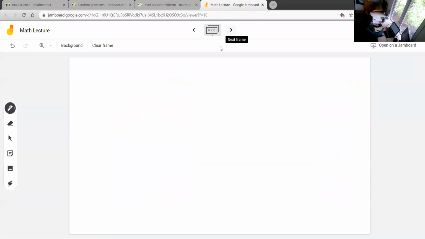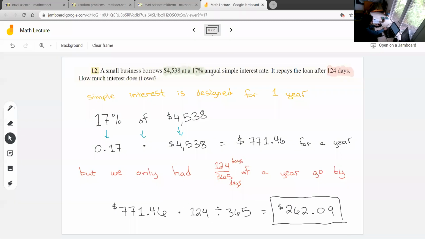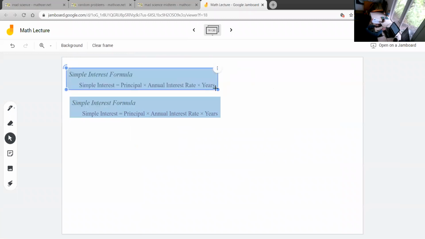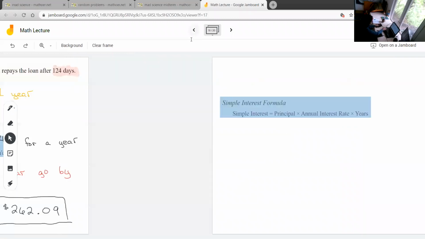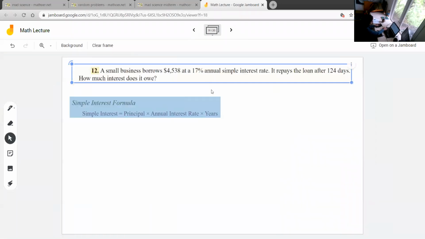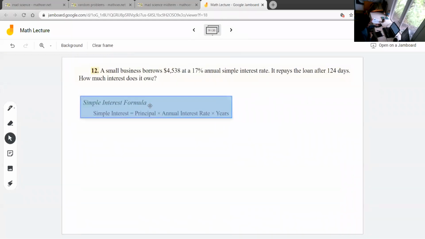And we can do the same problem with a lot less writing. Whoops, why didn't I copy that? It went there instead. Okay.